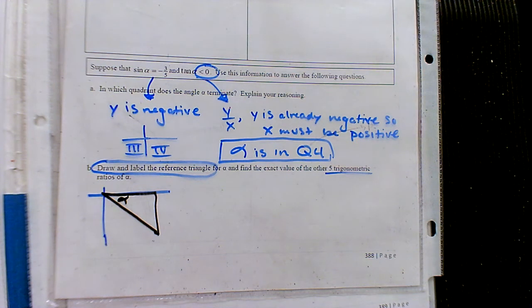Now, in order for us to figure out the other 5 trig values, we need to somehow label the sides of that triangle like we did yesterday, and we can analyze the SOHCAHTOA relationships to help us figure out the other values.